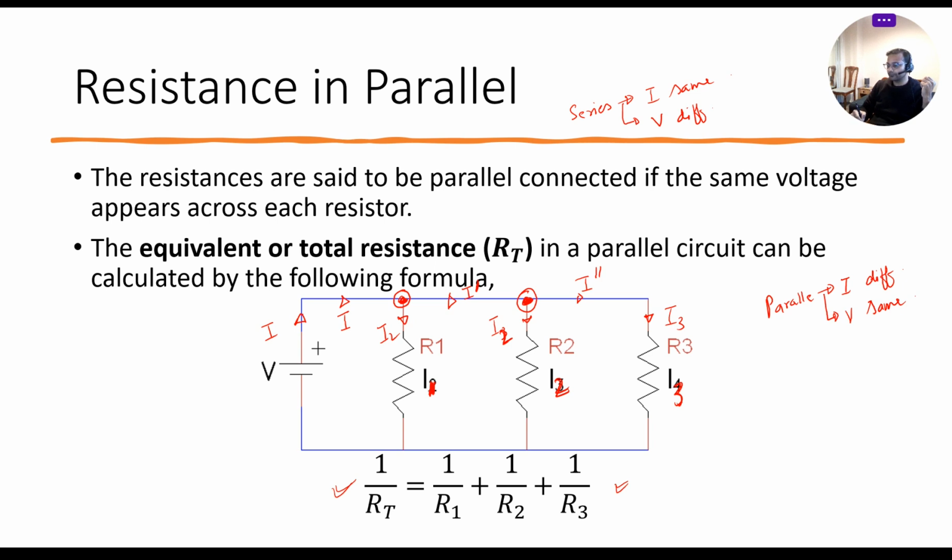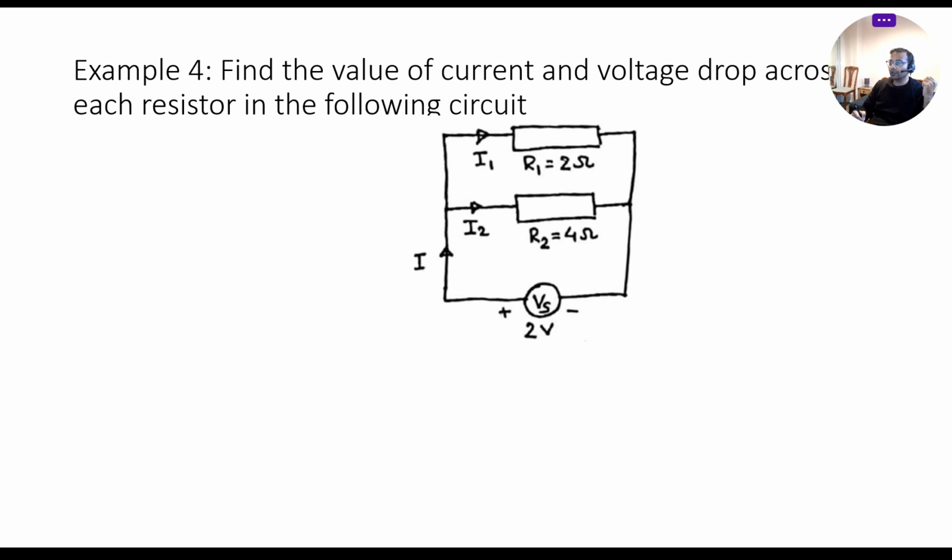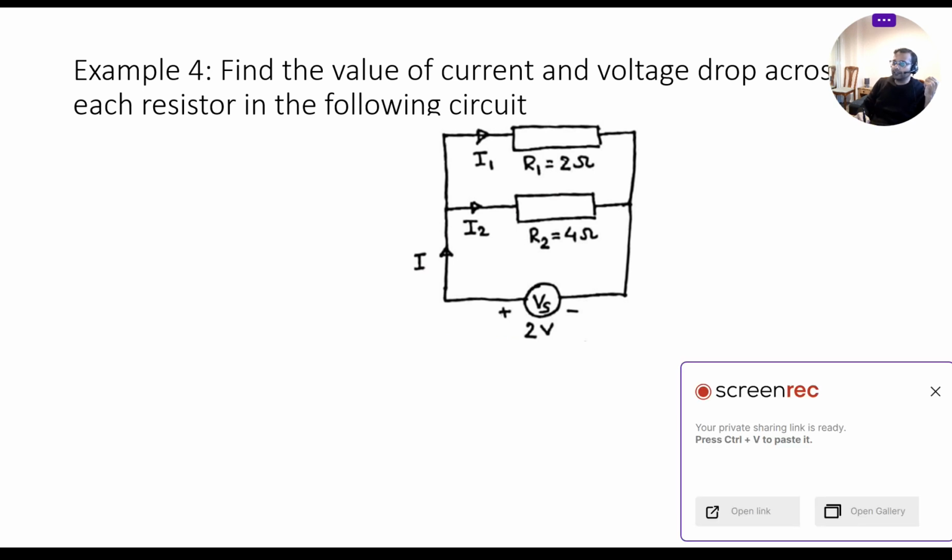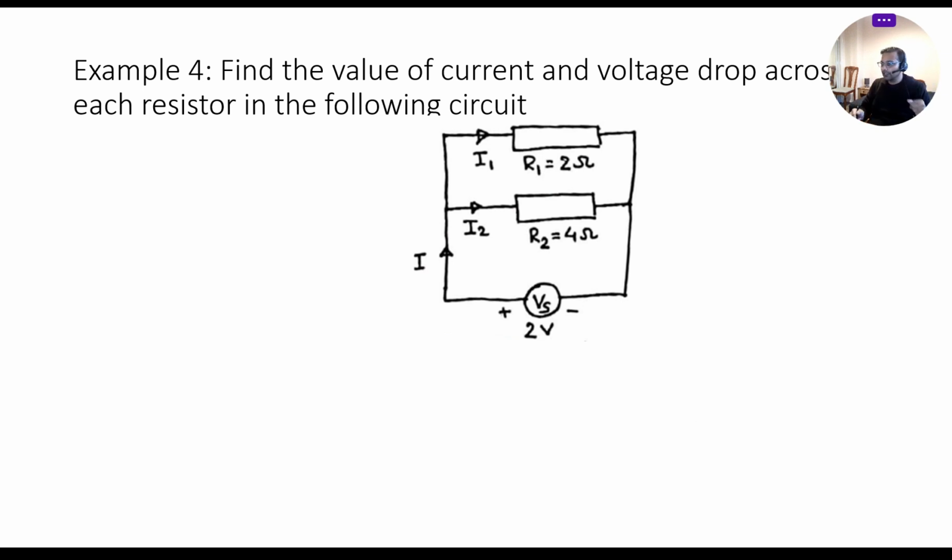Okay. Let's take a numerical based on this. So again, we are given a circuit here, right? And these two resistances, R1 and R2, are connected in parallel, because different current is flowing through both these resistors.